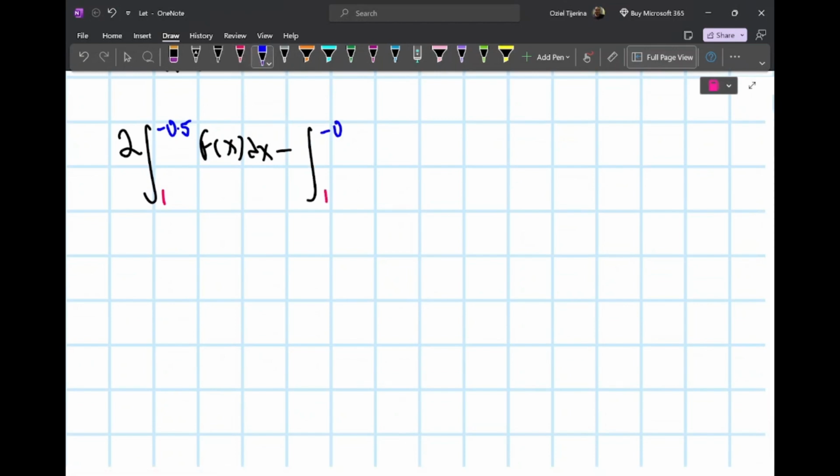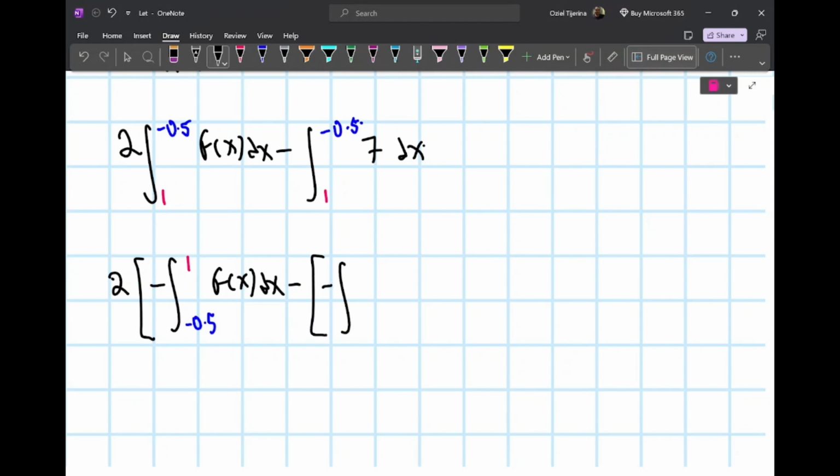So the integral from 1 to negative 0.5 of 7 dx will actually become 2 times the quantity negative the integral from negative 0.5 to 1 of f of x dx, minus, and it's going to be negative the integral from negative 0.5 to 1 of 7 dx.